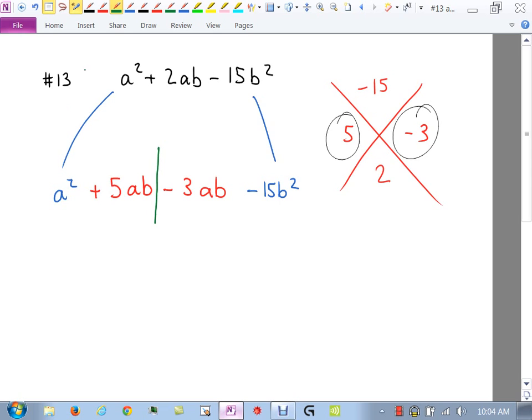Yes? Okay, so pull out an A, right? A plus 5B, and then on the other one, we need it to match. So what would we pull out of the second one if we want this to match? Negative 3.